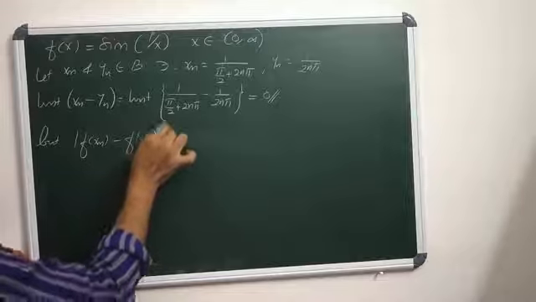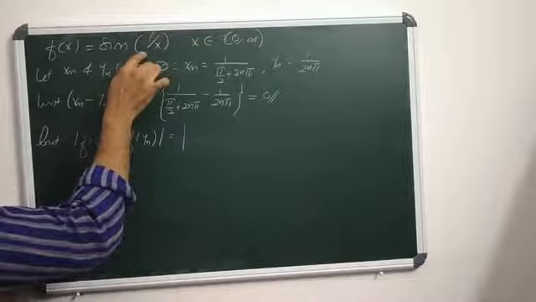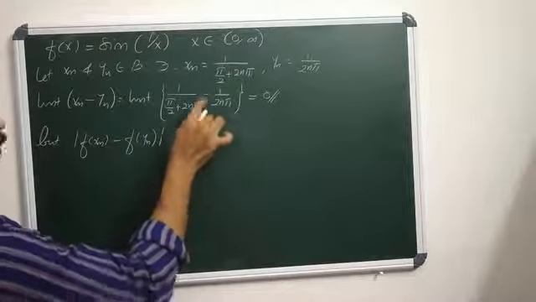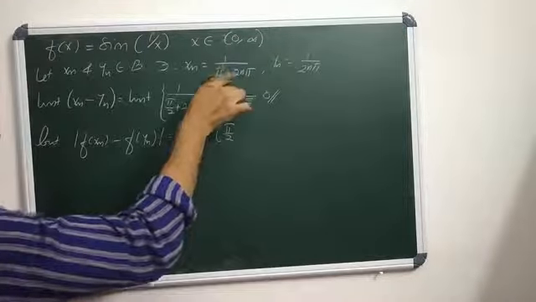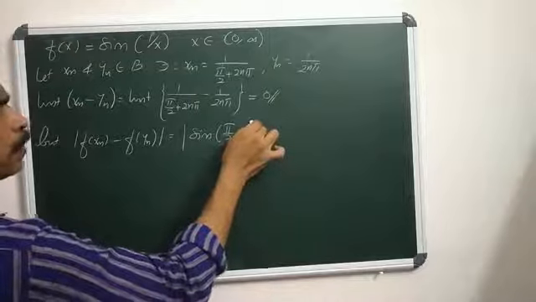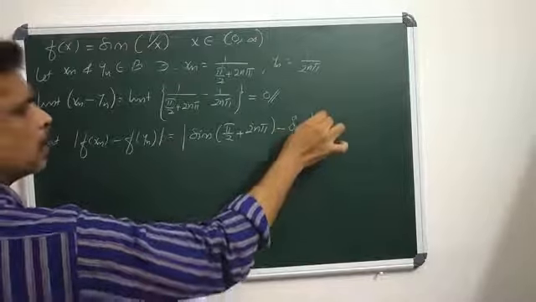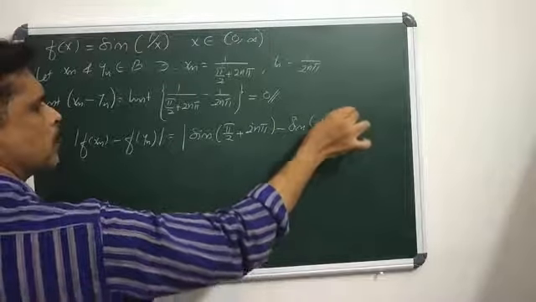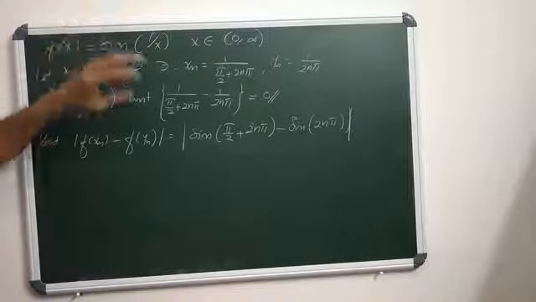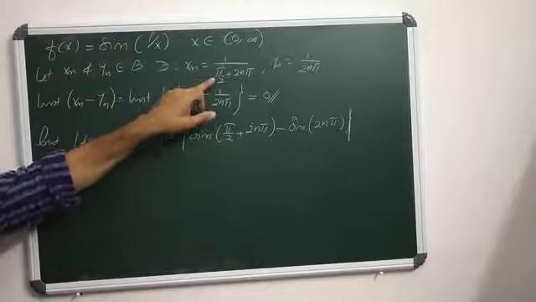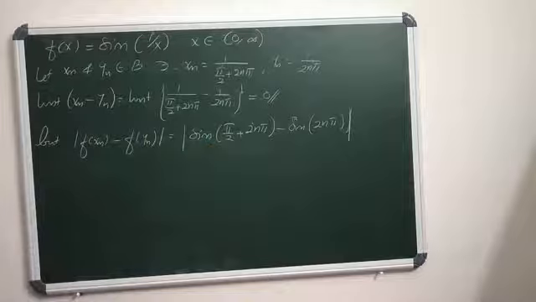Since f of x equals sin 1 by x, f of xn equals sin 1 by xn, that is sin of (pi by 2 plus 2n pi), and f of yn equals sin 2n pi. Agreed?